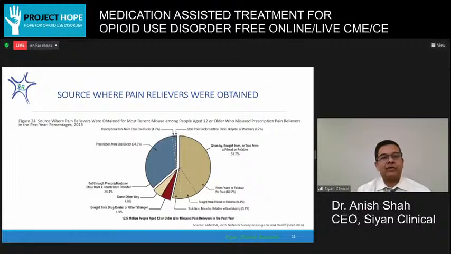So once again, these are the two major categories: prescriptions from doctors and physicians, and opiates given by, brought in by, or taken from friends and relatives. These are how our patients are currently receiving opiates.